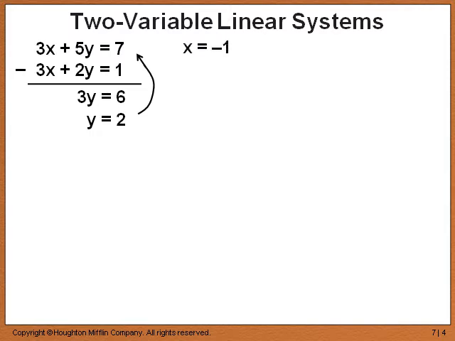And when we do that, we can solve for x, and we get x equals -1. Alright, so we've solved this system. We found that our ordered pair that satisfies the system is -1, 2. X equals -1, y equals 2. And we found that solution by using the method of elimination.